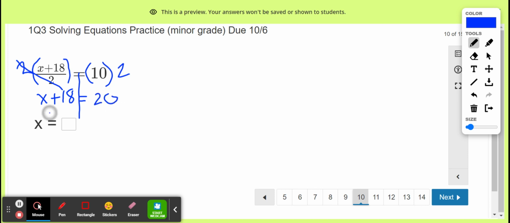And then we subtract 18 from both sides to solve. And now we have x left over on the left side. 18 positive and negative 18 will cancel. So we're left with x equals 20 minus 18.